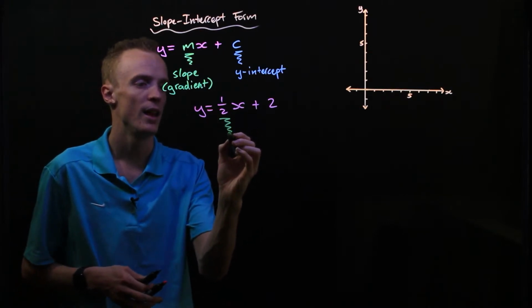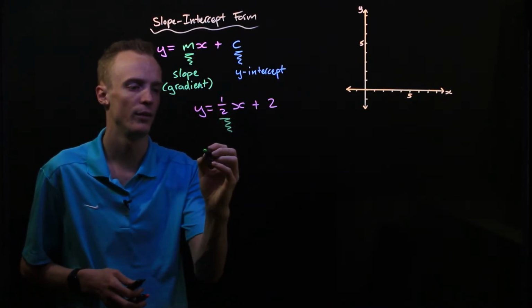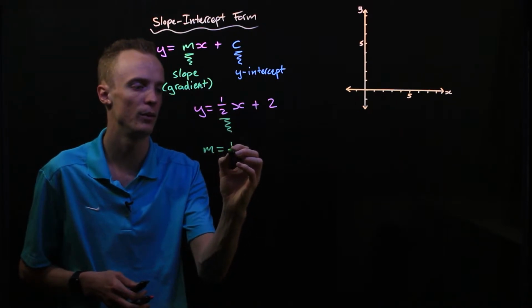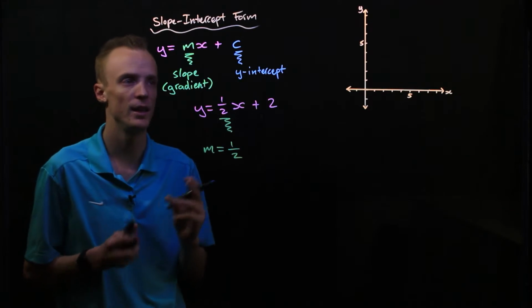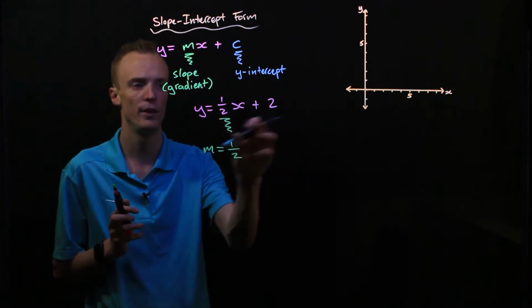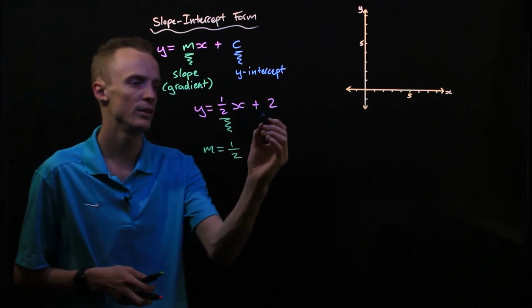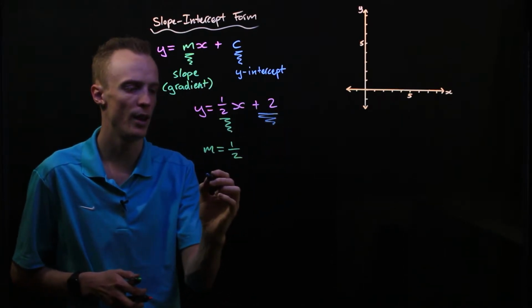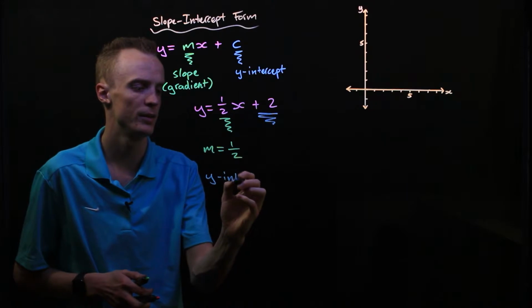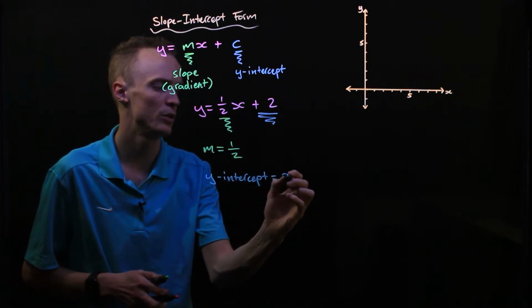So here, our m value is this half, so our slope is equal to 1/2. Now the y-intercept is the constant term of this equation, which is this positive 2.